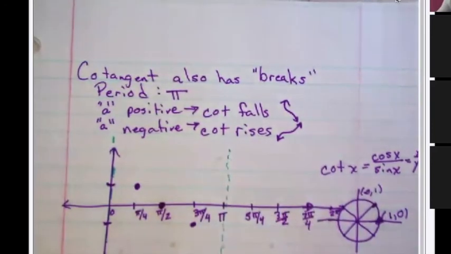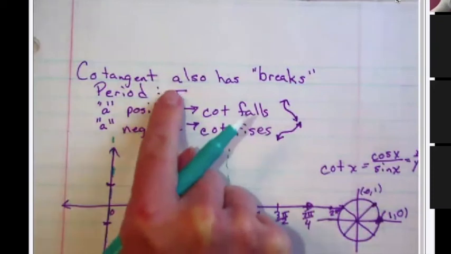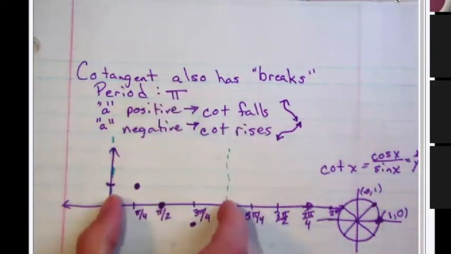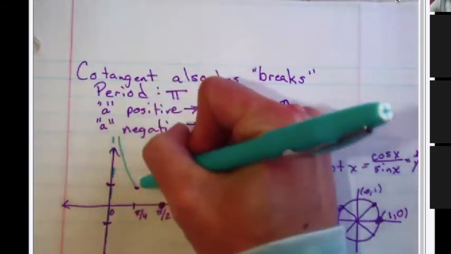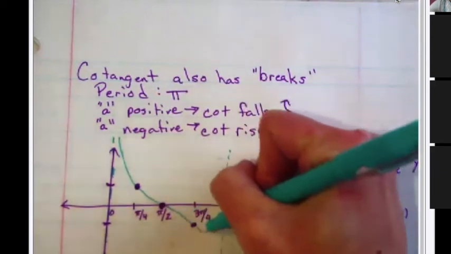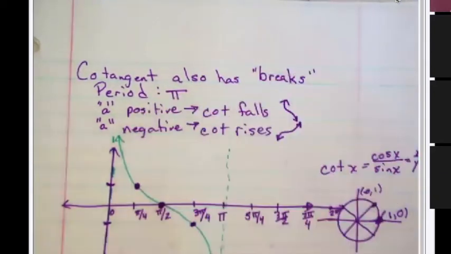So notice I said that I was going to have one repetition, one period of my graph within pi. I said the period was pi. So from 0 to pi, that's one period of the graph. So if I trace this out, notice it looks just like tangent, only it's shifted over and backwards.